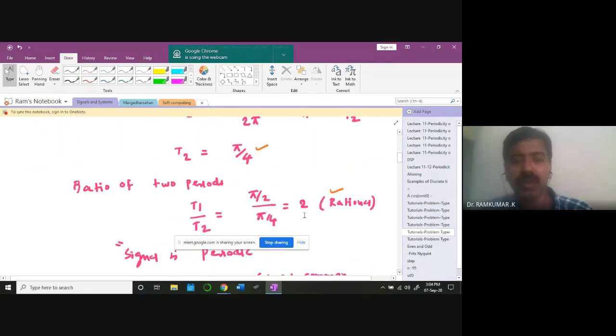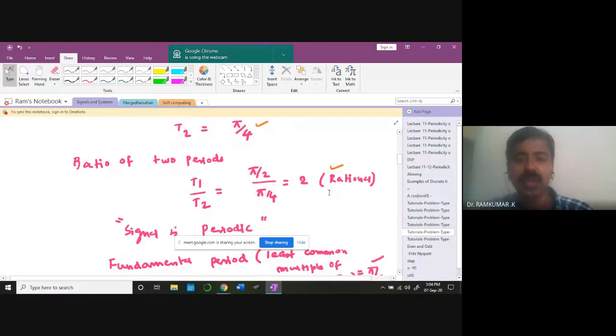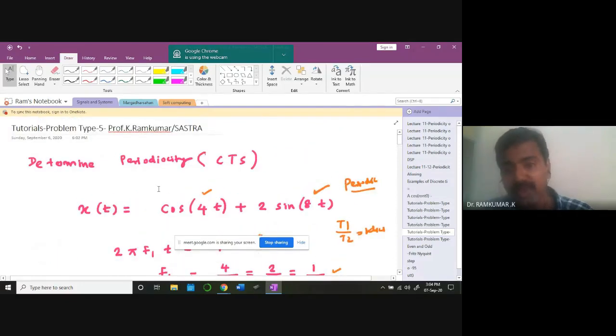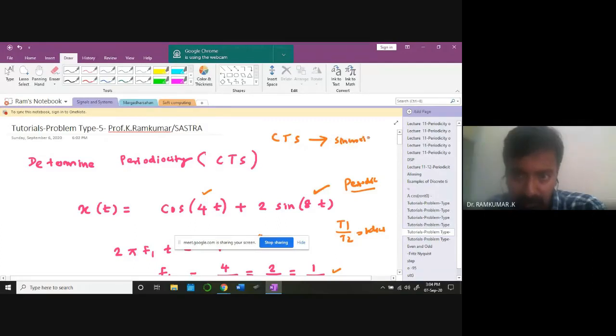T1 by T2, I got 2 as a rational number. If I get some pi, for example, or some pi root of 2, these kinds of irrational numbers, then when those two waveforms are added up, even though they are periodic individually, the sum is not. Remember, I already told you in the last class, all continuous time sinusoidal signals are basically what?